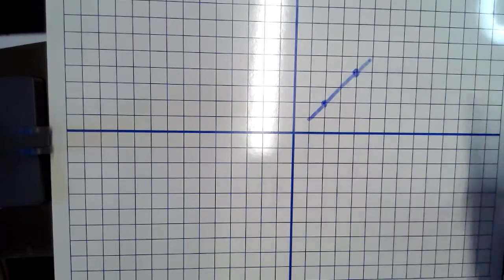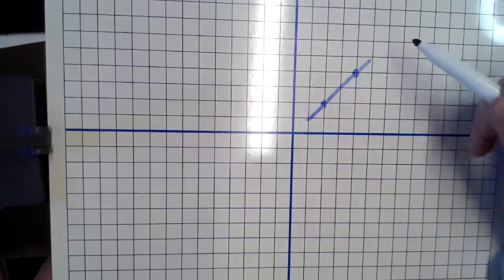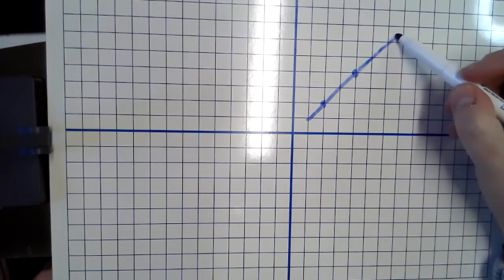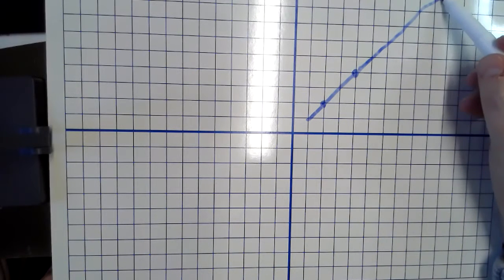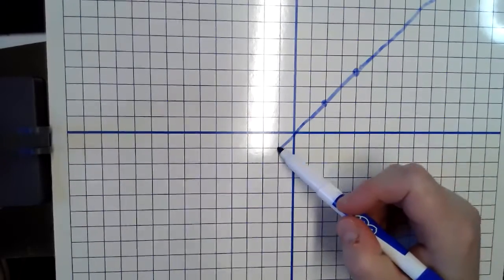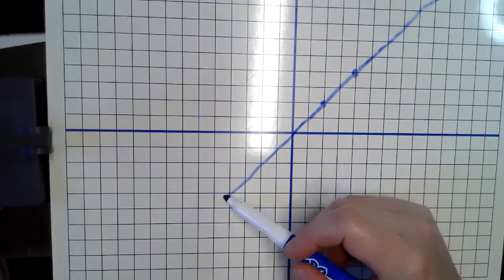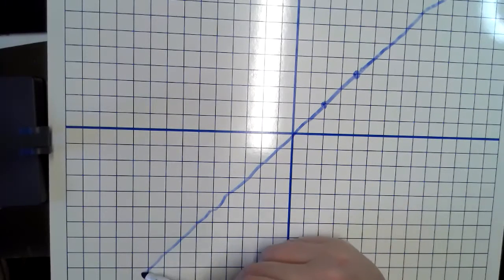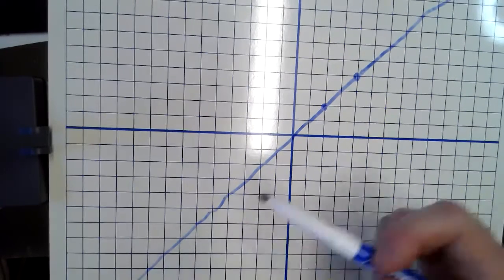If those were your 2 points and you drew your line, it would look something like that. But remember, it keeps going forever, right off the page. And this is freehand, so it's not a perfectly straight line, but you get the drift. It just keeps going forever.